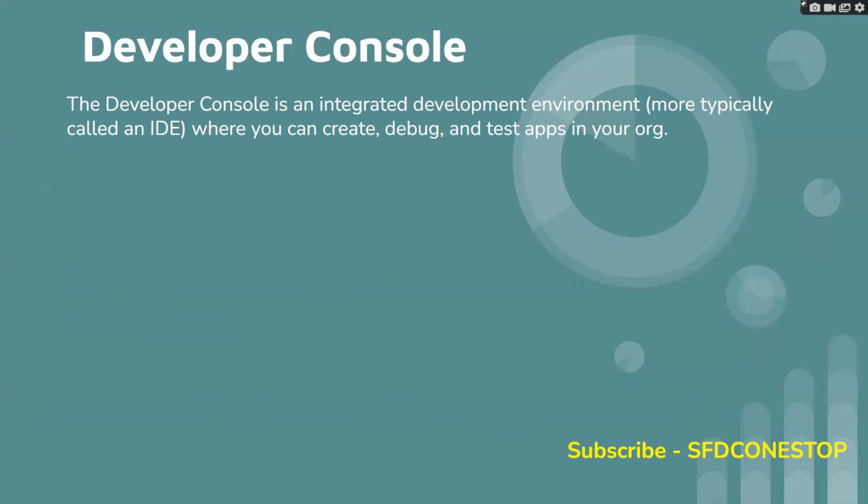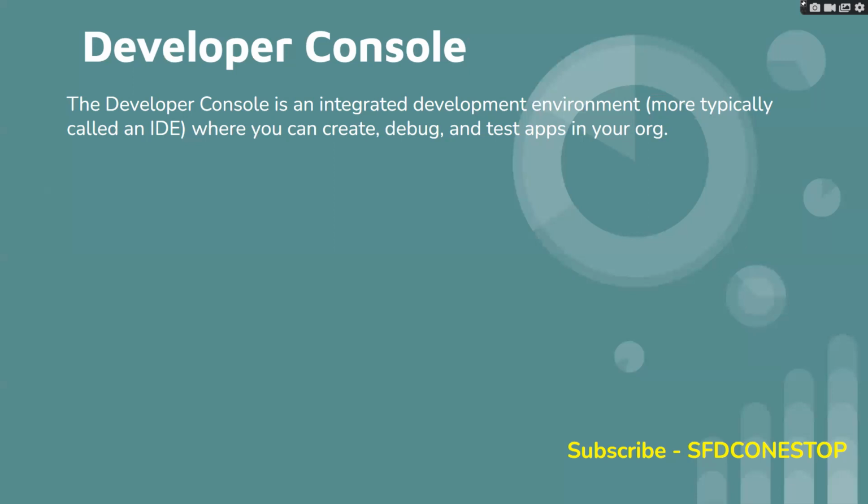You can execute the code by opening the anonymous window. And if you want to run your batch class, you can go ahead and do it from the anonymous window. That is the reason why most developers prefer to use this Developer Console rather than the application, because of the user interface and the look and feel, which makes life very easy for our developers or system admins.